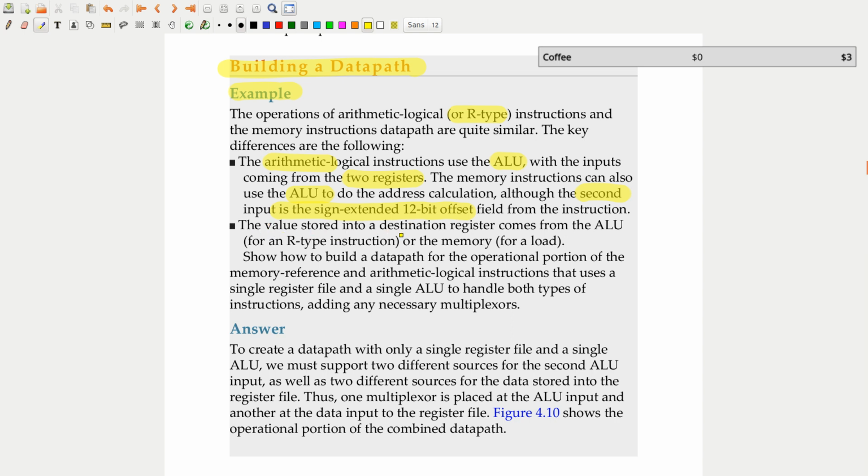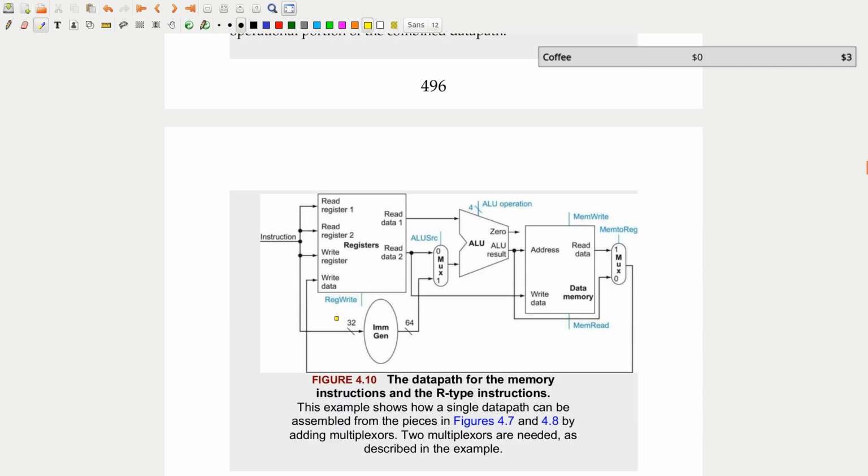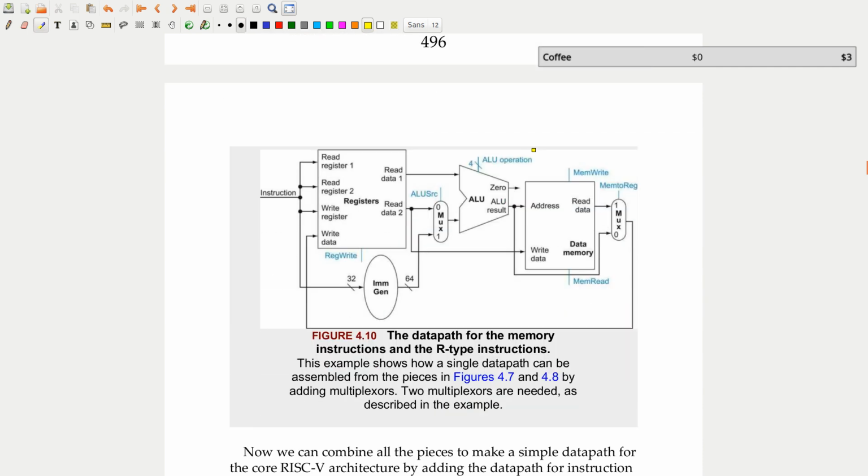So the value stored into a destination register comes from the ALU for an R-type instruction, or the memory for a load. And then it says show how to build a data path for the operational portion of the memory reference and arithmetical logic instructions that use a single register file and single ALU to handle both types of instructions. So the answer here is in figure 10, and we can go over it a little bit.